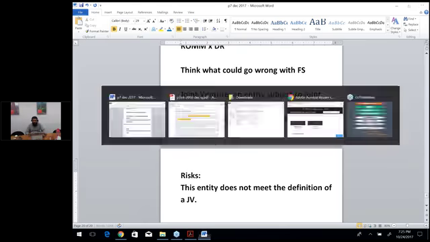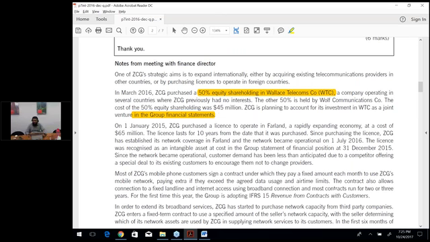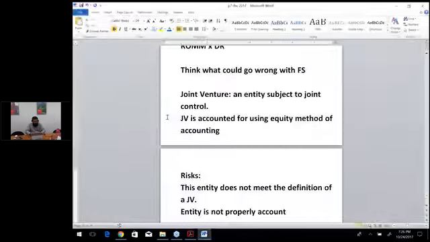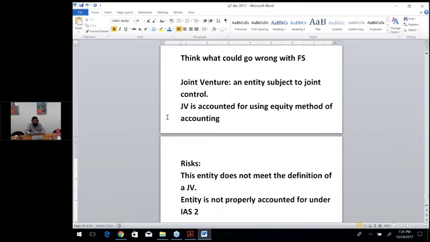That's one of the risks. Number two, if it does meet, then the entity is not properly accounted for under IAS 28, Investments in Associates and Joint Ventures.